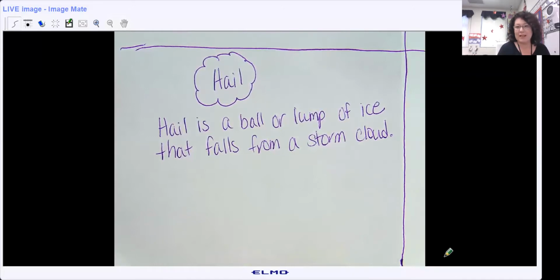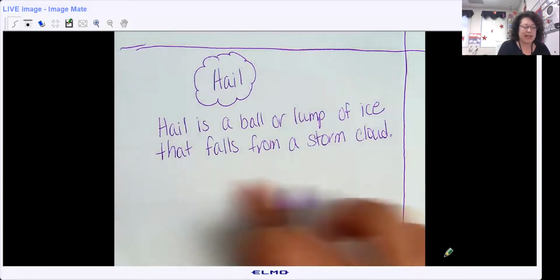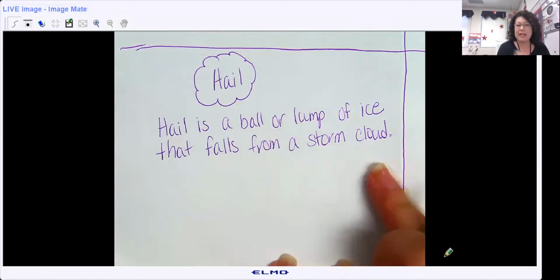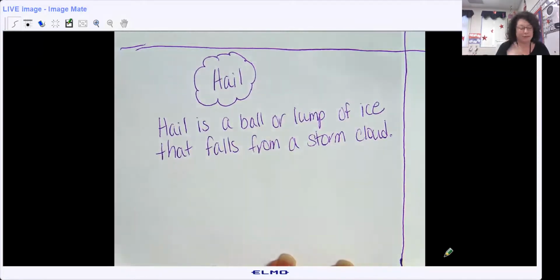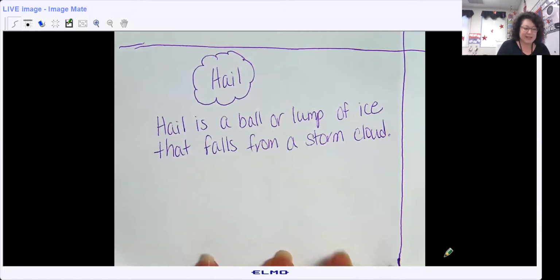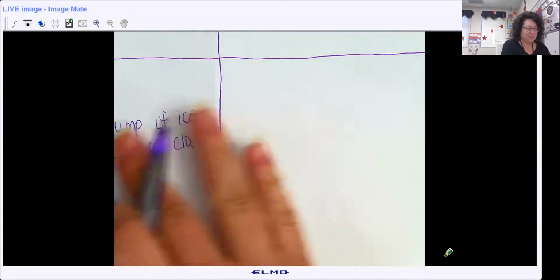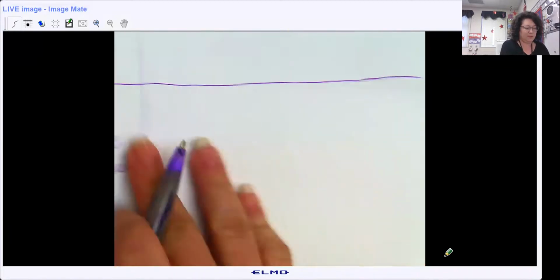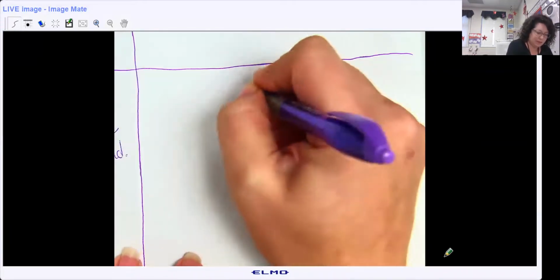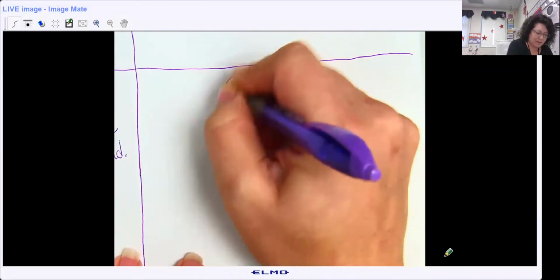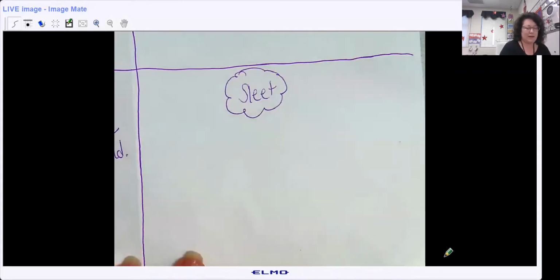And can you remember the last form of precipitation? Yep, sleet. Okay, and again, if you haven't finished writing and you need to pause me, pause me. So our last box is sleet. Right?